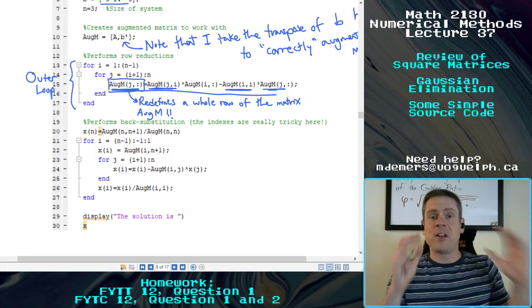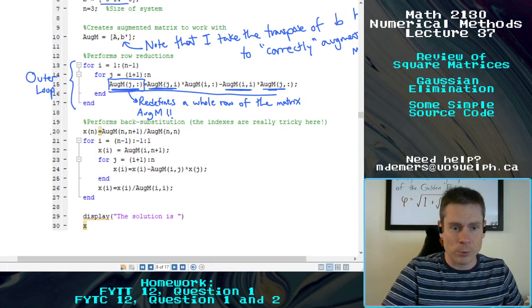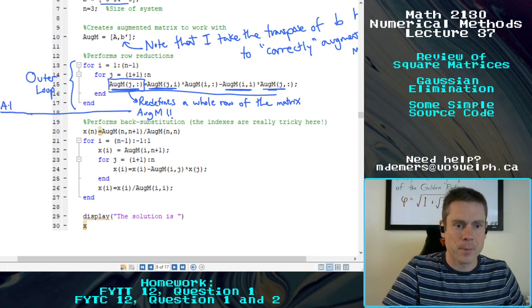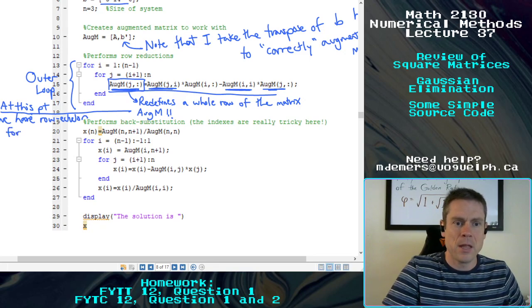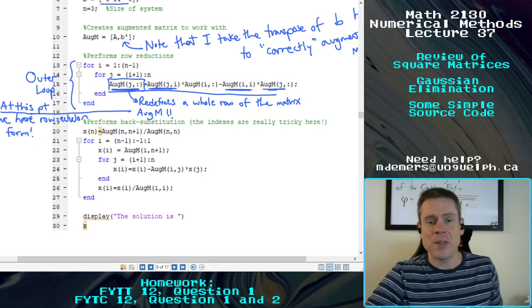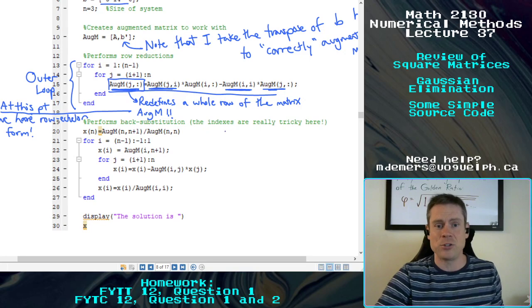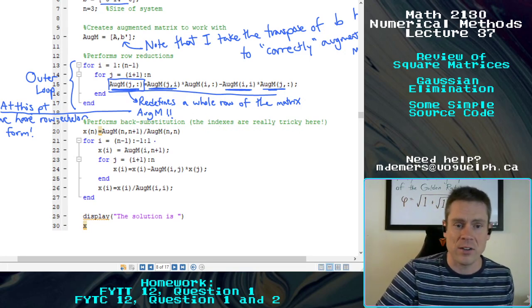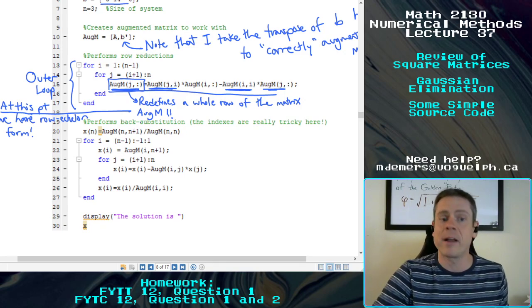And once we've got it into row echelon form, so at this point, we have row echelon form, and what we have to do then is actually do the back substitution. I find that the indexes are really tricky here, but I just want you to recognize what's happening.